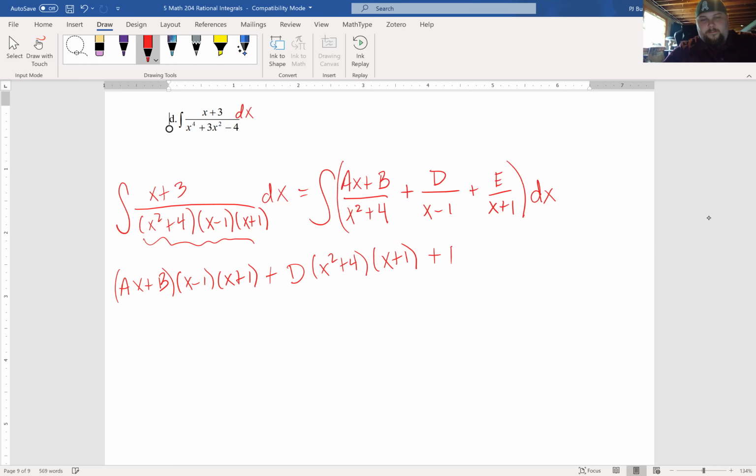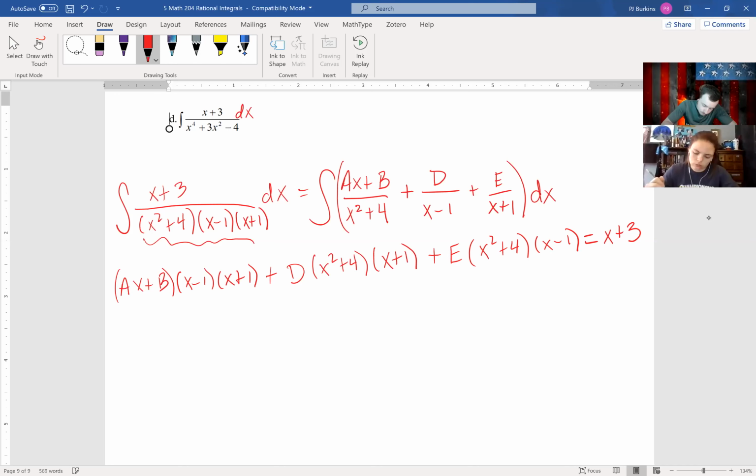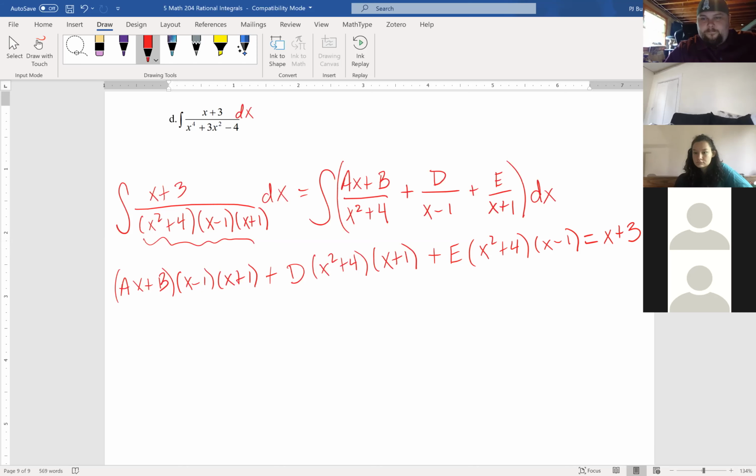And the e term is missing x squared plus 4 and x minus 1. And all of this has to equal the numerator, which is x plus 3. Everybody okay with that line? Yeah.